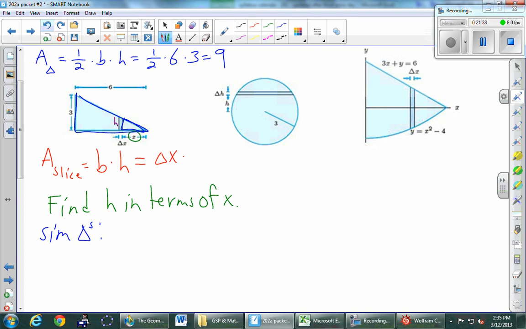So we're just going to write a proportion. So for example, we could say that h is to 3, what's the side that's like h in the big triangle? It's 3. As, and then we'll pick a small side of the small triangle, x, over the same side in the big triangle is 6. That's the relationship.